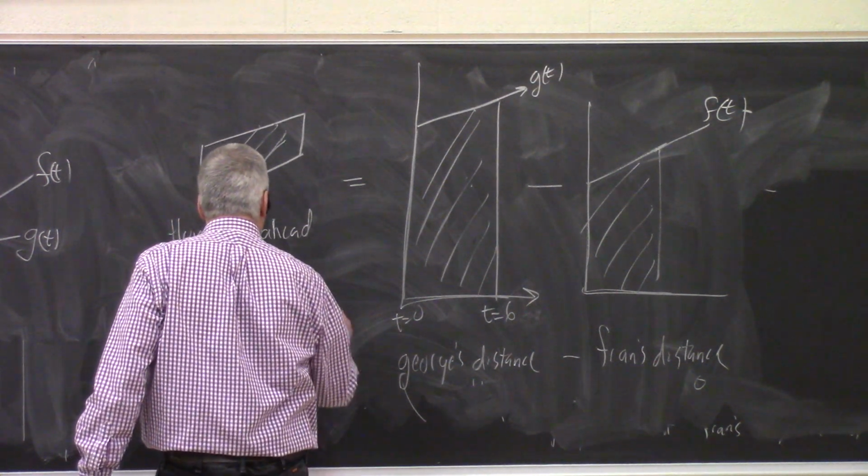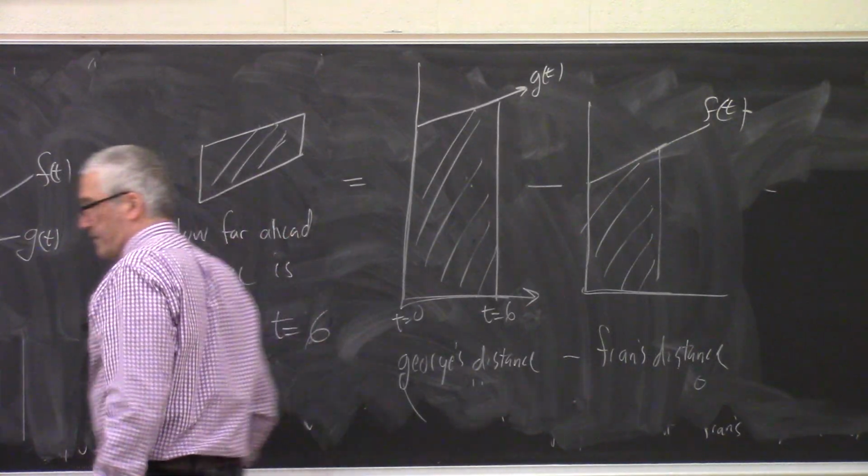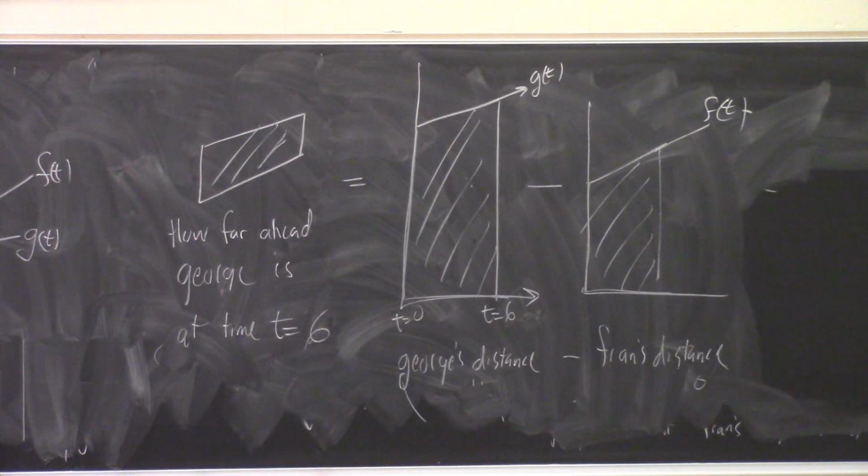Remember, they started at time 0. They were at the same spot. They had both crossed under this bridge, but George was riding much faster. So at time 6, George is going to be ahead, and the amount that he's ahead is going to be that area.